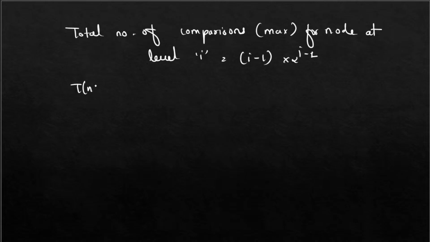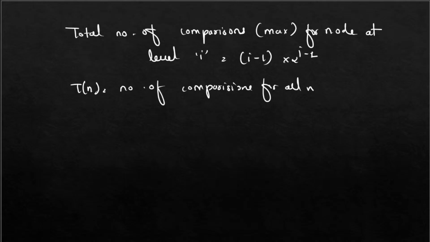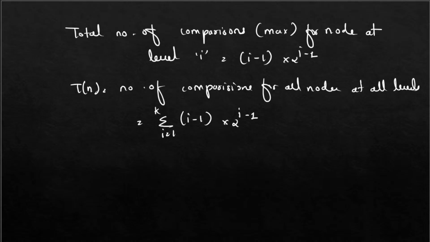And here T(n) equals the number of comparisons for all nodes at all levels, which is the sum from i equals 1 to k of (i minus 1) into 2^(i-1), so the time complexity of this is big O of n log n.